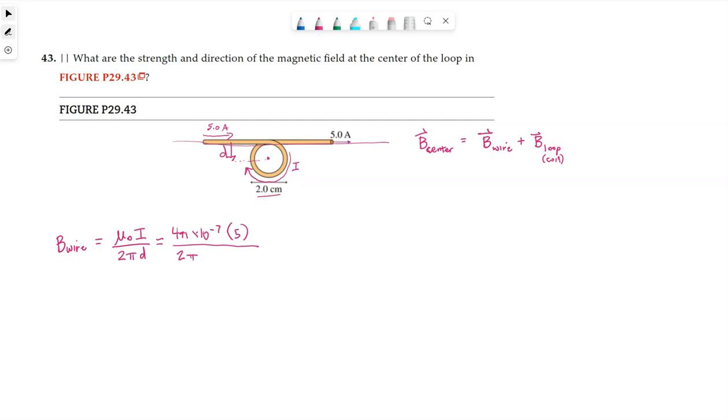In the picture, they show us the diameter of this loop is 2 centimeters. The wire itself is a radius, essentially, a distance of 1 centimeter. So d is 1 centimeter away from the wire. So 0.01.